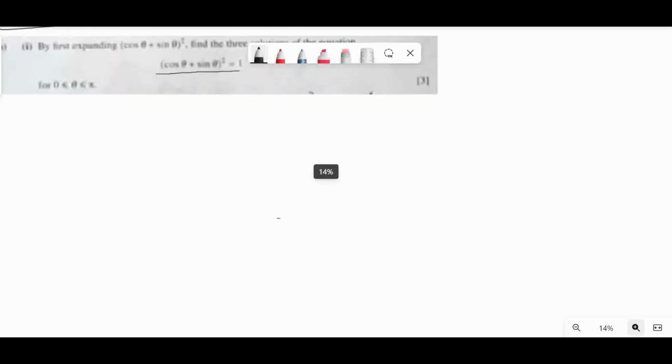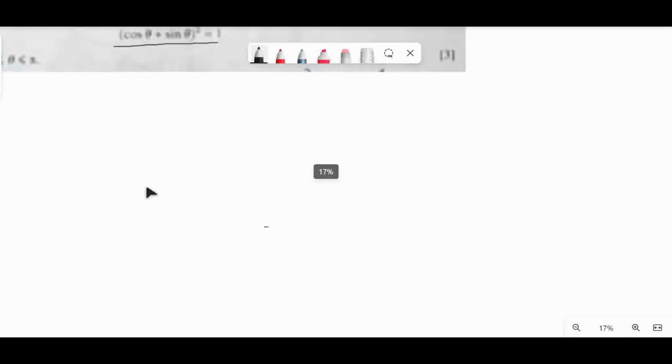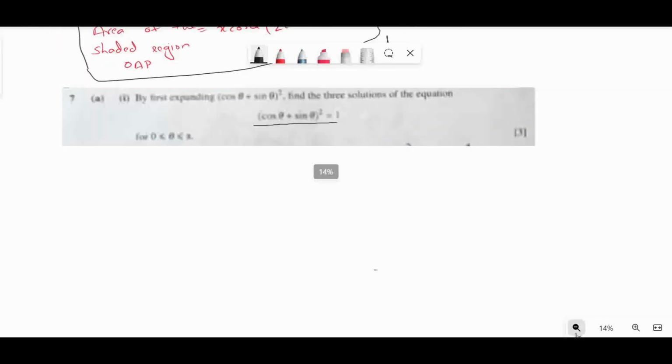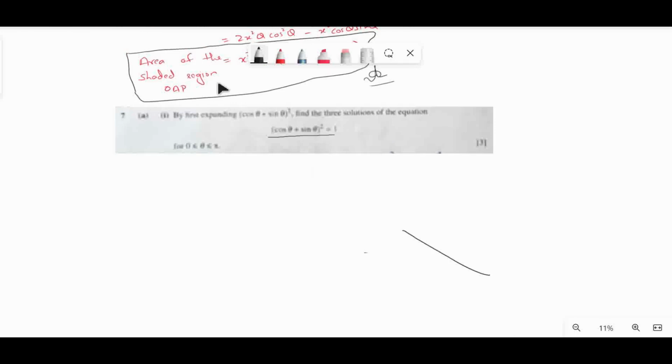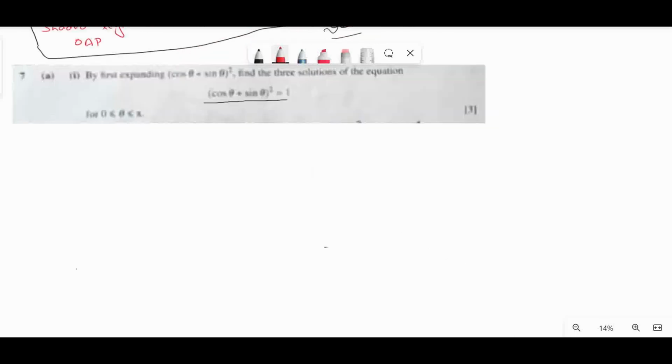Now we can simplify it. This is cos theta plus sine theta whole square.